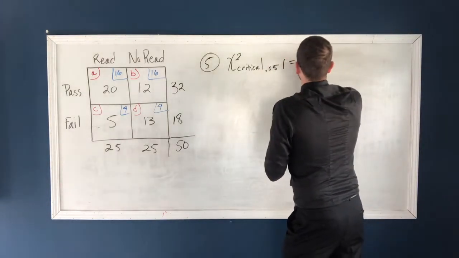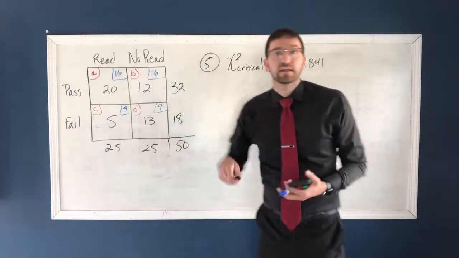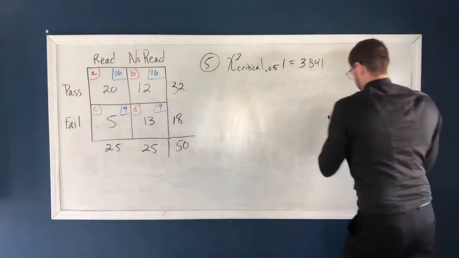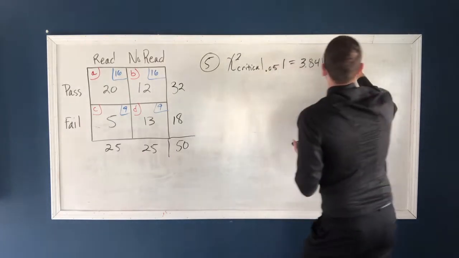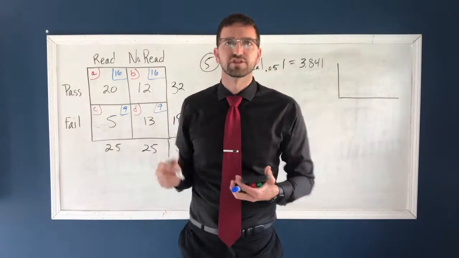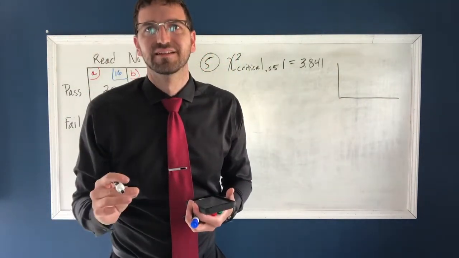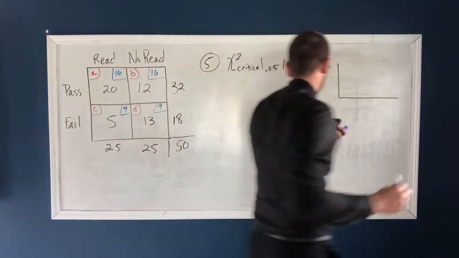It's going to be 3.841. Okay? As always, let's go ahead and draw our picture. We'll do it over here. The chi-squared critical rejection region, if you will, looks a lot like the F critical rejection region graphic. So let me draw it up here.